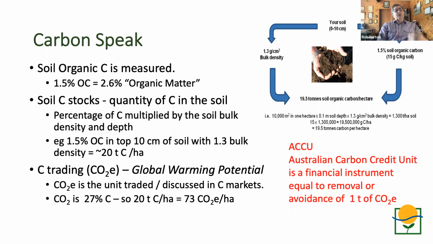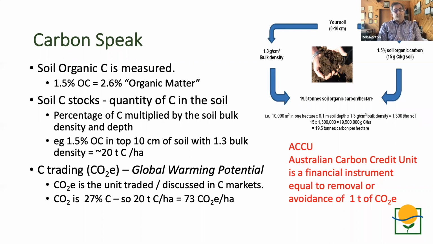So, for example, if we're at 1.5% organic carbon in the top 10 centimetres with a bulk density of 1.3, which would be a pretty normal one, that soil has a carbon stock of about 20 tonnes of carbon. But wait, there's more. When carbon is traded, it's on the basis of global warming potential, and the trading figure for carbon is carbon dioxide equivalence.